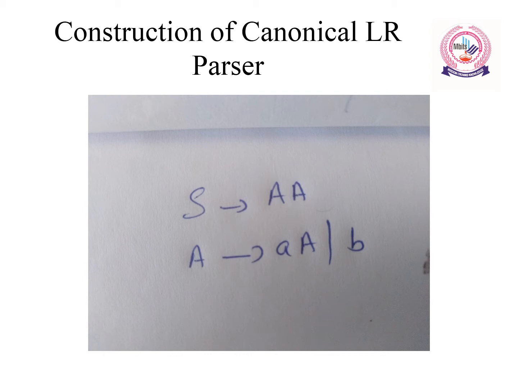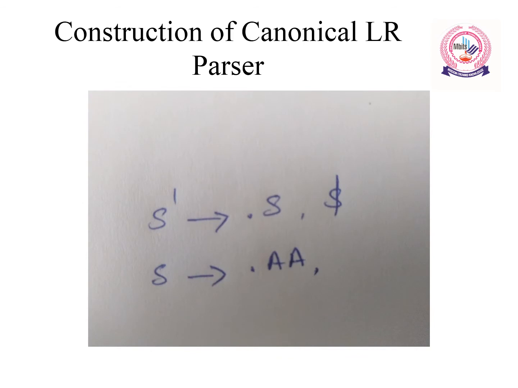So basically the first step for identification of the parse table is we need to add the augmented production onto the given grammar. The augmented production given is S dash gives S. Into that augmented production, we then apply the closure for identification of the LR0 items.